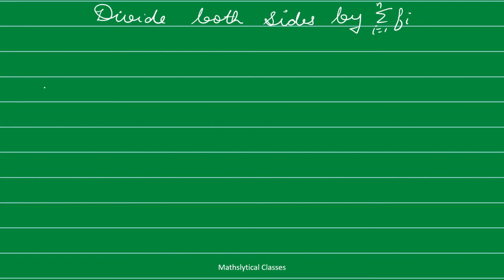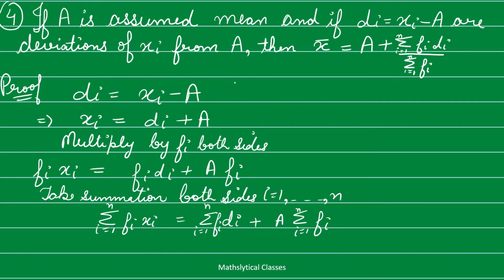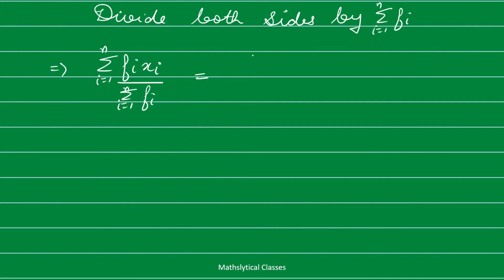So what we get is summation fi xi, i varying from 1 to n, divided by summation fi, i varying from 1 to n, equal to, on this side, summation fi di divided by summation fi, plus a times summation fi, divided by summation fi.